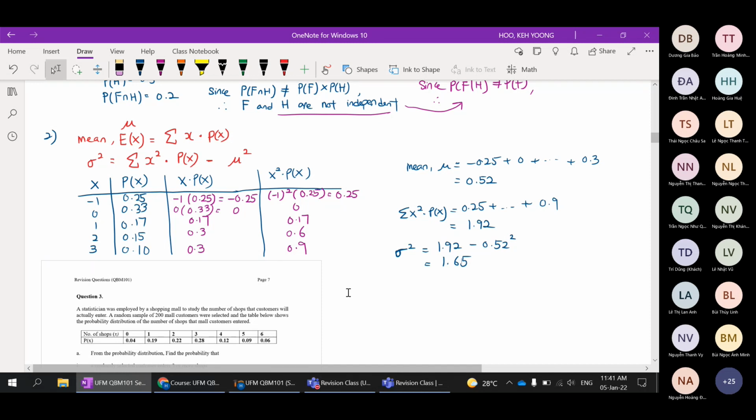Okay, for those who are ready, read question 3. You're given another table, a probability distribution table. Statisticians were employed to study the number of shops that a customer will actually enter.